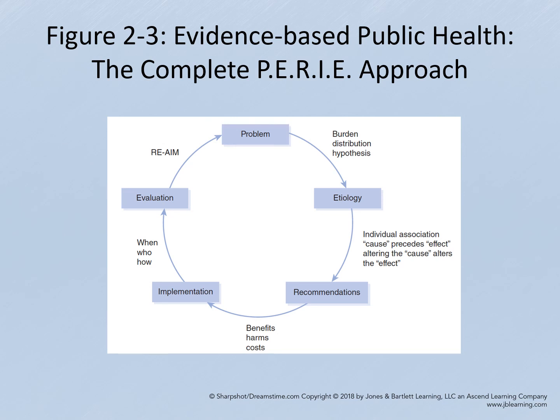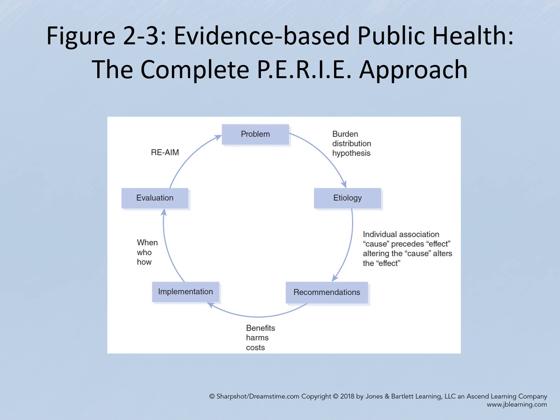So the evidence-based, the complete PURI approach can be explained by problem. We're looking at the burden distribution and making a hypothesis, looking at the etiology. We're trying to find individual association, cause precedes the effect, and altering the cause alters the effect.